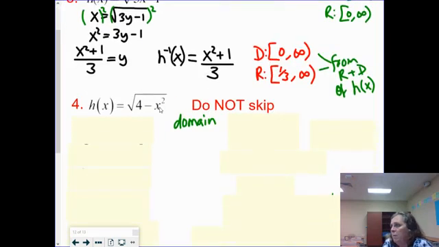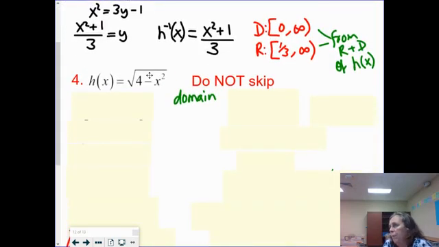So this one, oh my goodness, wow. Let's look at the domain of this first. 4 minus x squared has to be greater than or equal to 0, which gives us 4 has to be greater than or equal to x squared. If I add x squared to both sides, when you take square roots, x is going to be something to do with plus or minus 2.